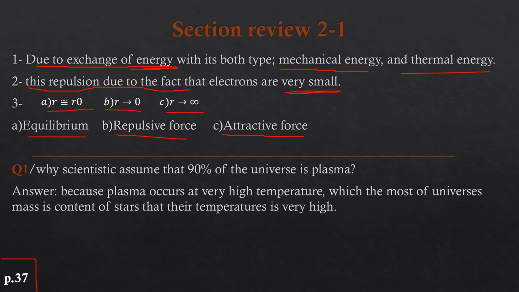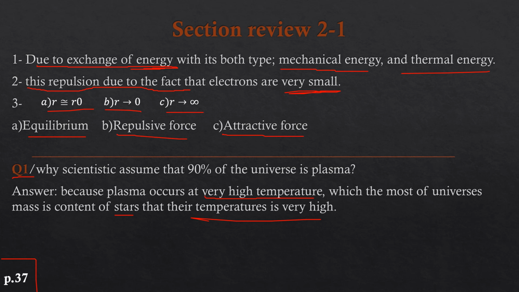We have a question. Why do scientists assume that 90% of the universe is plasma? You have to keep this question also. It is important. The answer is because plasma occurs at very high temperature, and most of the universe's mass is contained in stars, whose temperatures are very high.